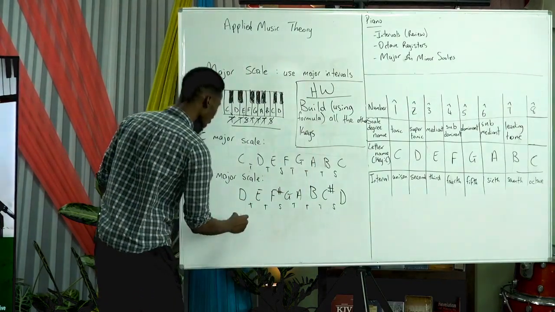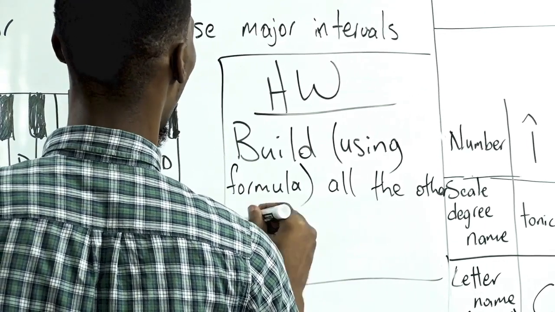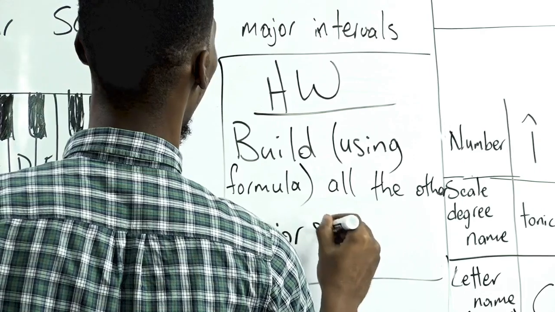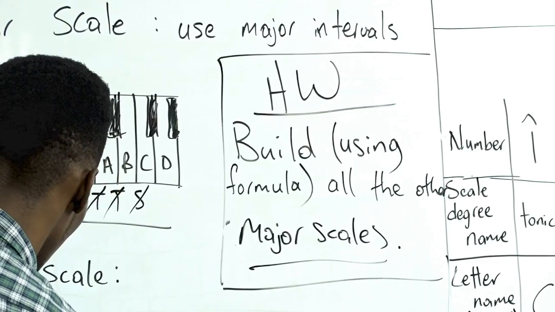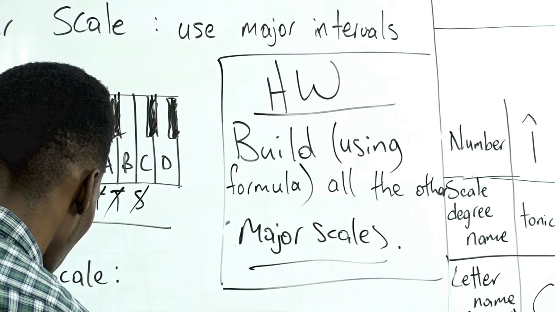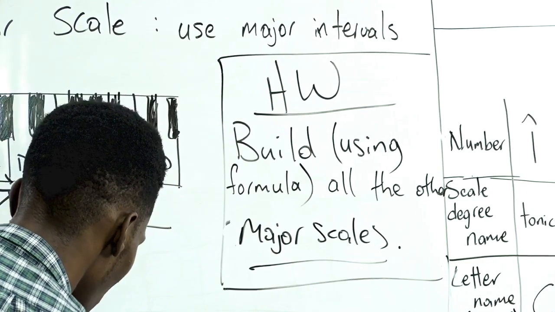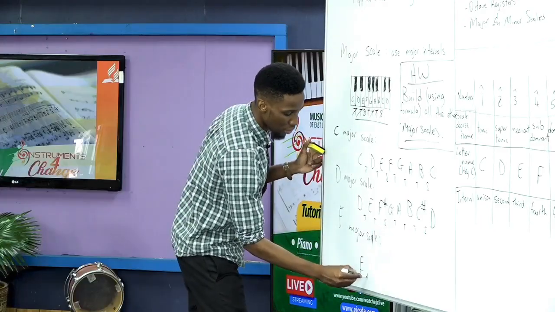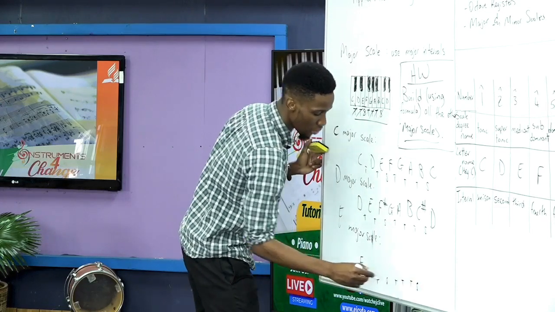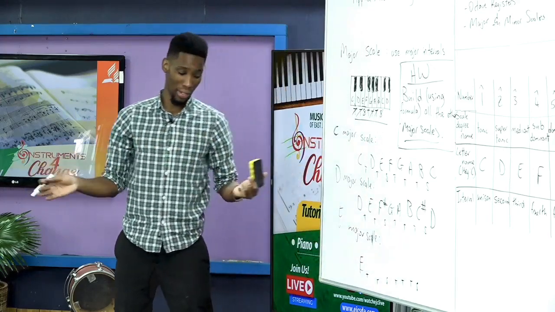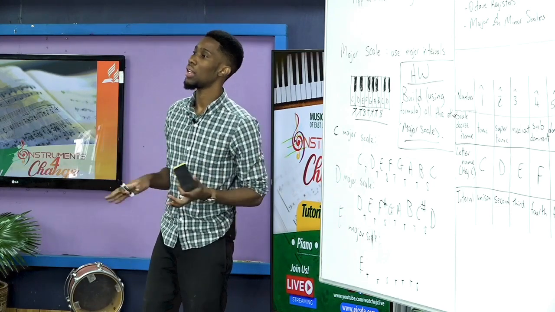So you start at E, build all the other major scales, sorry. Major scales. Let's use that term. So you're going to start at E now. E major scale, and there you go. You put in your formula first, you go tone, tone, semitone, tone, tone, tone, semitone. And then you put in whatever needs to be put in. And you're going to do that for C, D, E, F, G, A, B. All right? That is your homework.